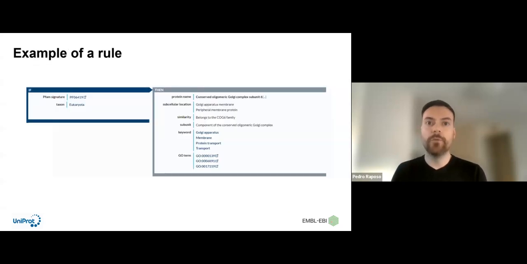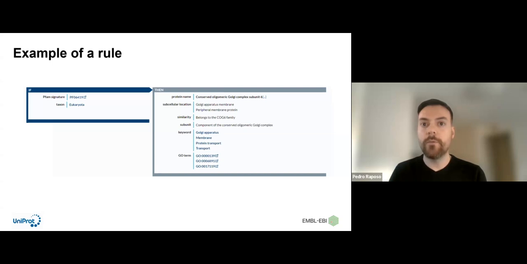So this is an example of a rule in UniProt. We see that it's divided into two different parts. The left panel are the conditions, and the right panel are the annotations. So the conditions describe how we group proteins together. What do they have in common? So in this case, we can see that all of them have this PFAM signature, and they originally come from an eukaryotic organism.